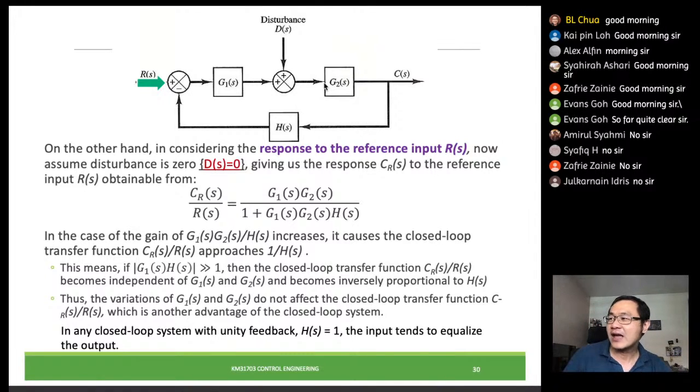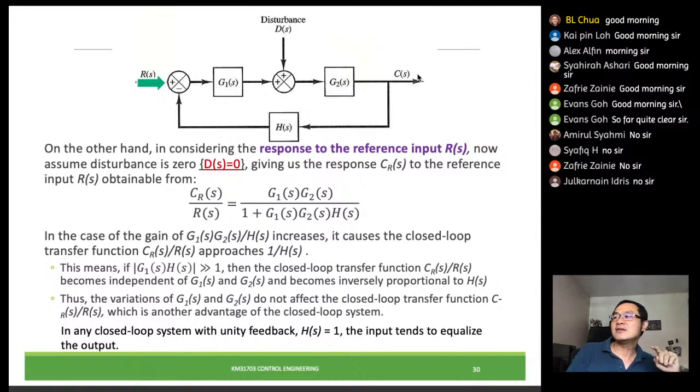We don't want this kind of signal, which would be very hard to control at the end. So by having this feedback, we can lower the disturbance as well as the effect of G along the feed forward direction. That is the advantage of having a feedback control loop.